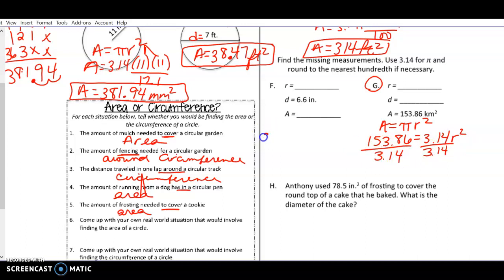So I'm going to come over here. Remember, you can't have a decimal outside when you divide. So we're going to have to move that. 1, 2. If we move it 2 on the outside, we move it 2 on the inside. 314 does not go into 153. It goes into 1538. We could try probably 4.